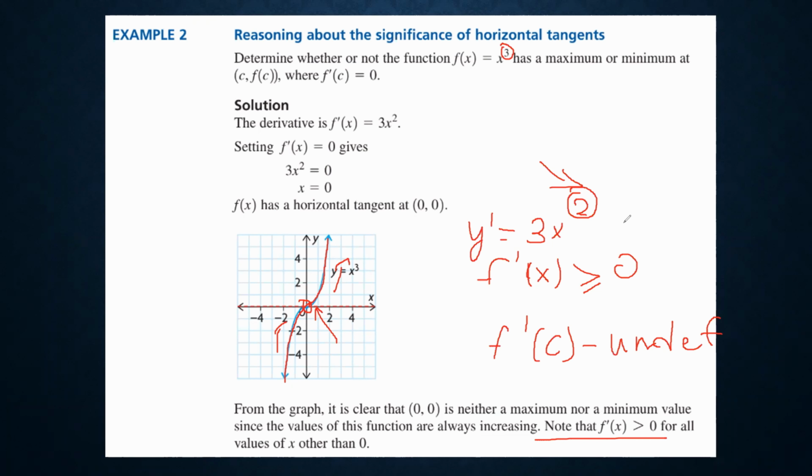So we have two criteria for a critical point: f prime of c equals 0, or it's not defined. Is it clear? Can we move on?